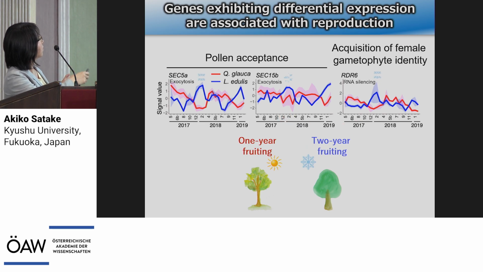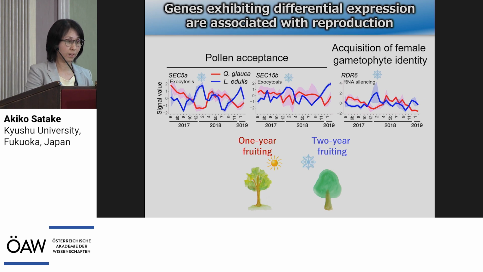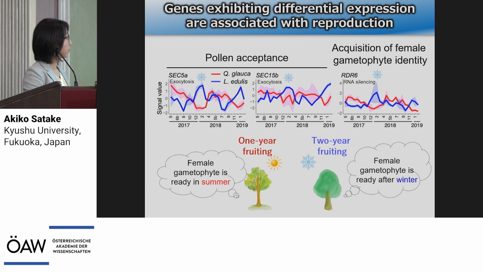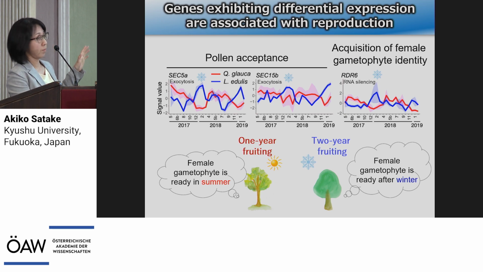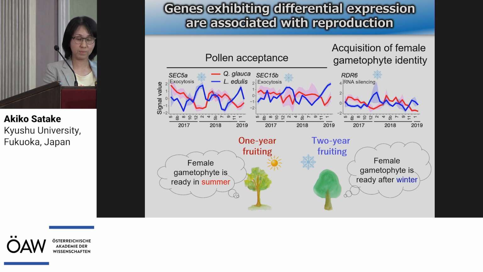But when we look at 2-year fruiting species, these genes are activated in winter, not in summer. So the activation timing is delayed compared to 1-year fruiting species. So this means that, I think, the female gametophyte is ready in summer in 1-year fruiting species, but in 2-year fruiting species, female gametophyte is ready after winter.